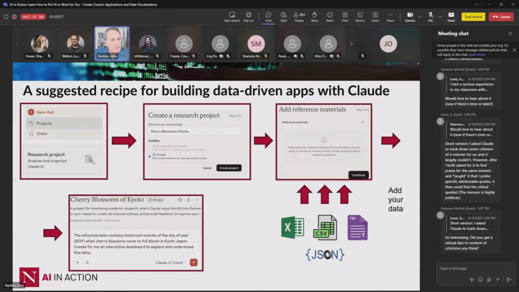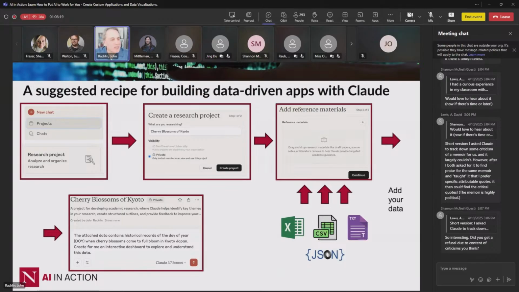And we'll start with selecting specifically a research project, because this seems to provide a basis then for consolidating all of our reference materials, including our data. And from that, we can then proceed to build our application.